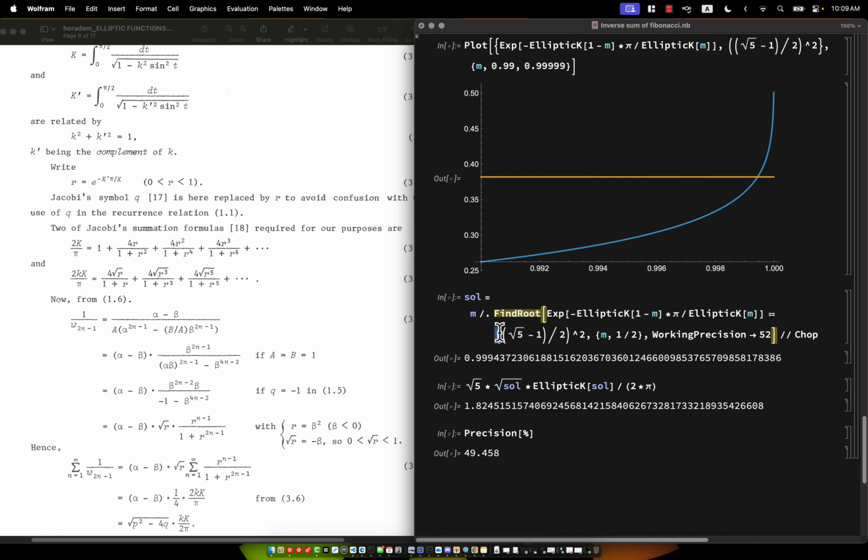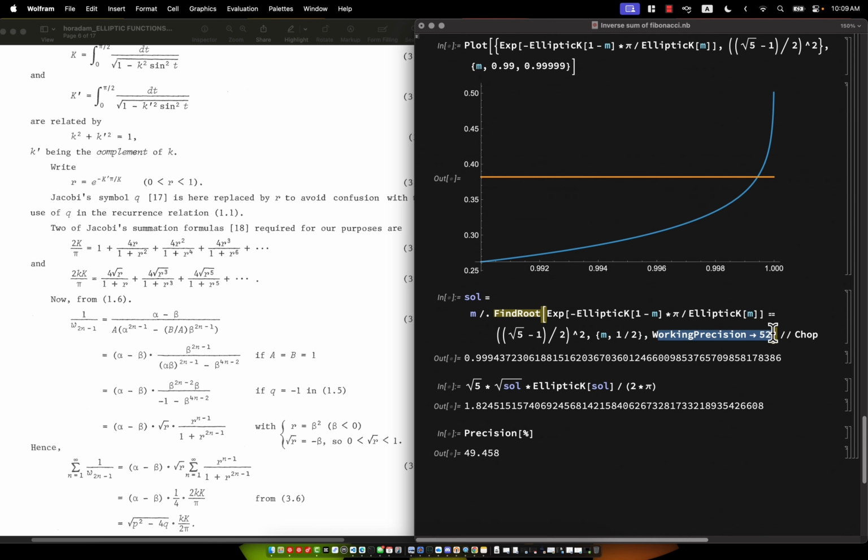It is equal to the square root of 5 minus 1 over 2, squared. I just randomly put in an initial guess, because this function looks quite smooth. So the convergence should be really good if you give it a reasonable number between 0 and 1.